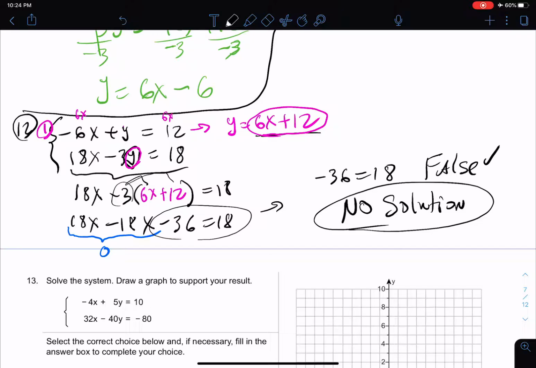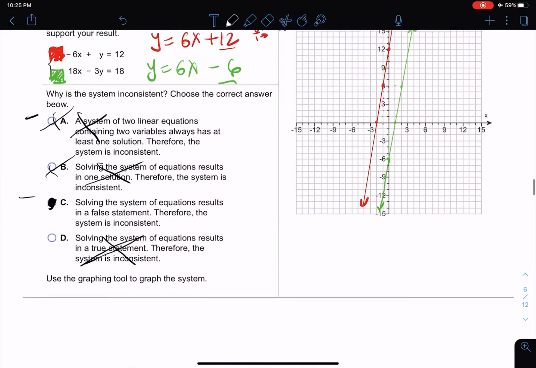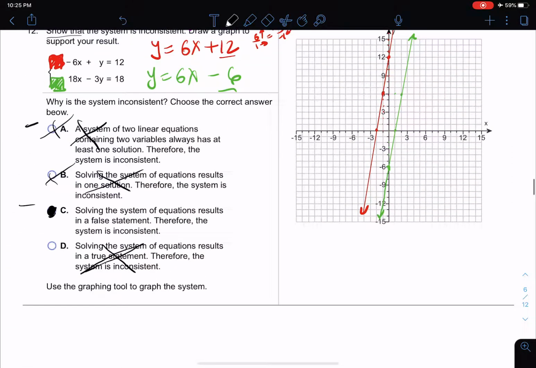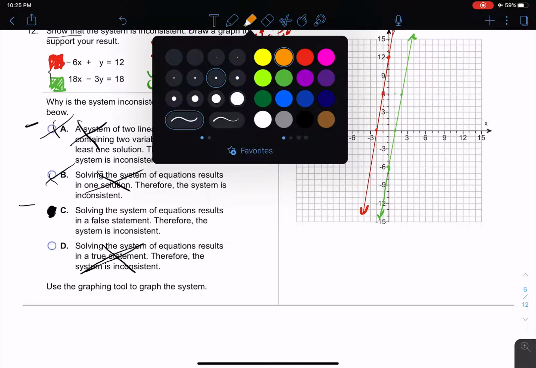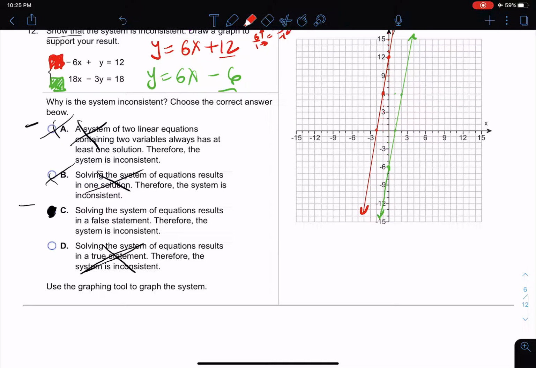All right, so we took care of that. We actually solved this algebraically, and let's see if that matches up with what was probably confusing here. I selected C because it said solving the system of equations results in a false statement, right? That's what we just found out.